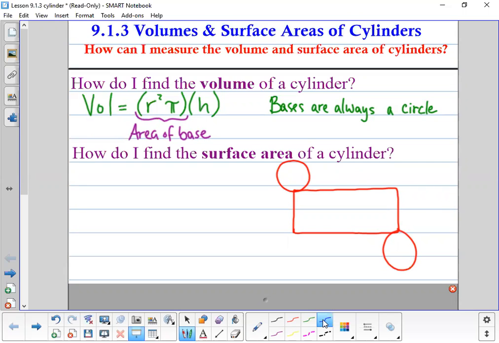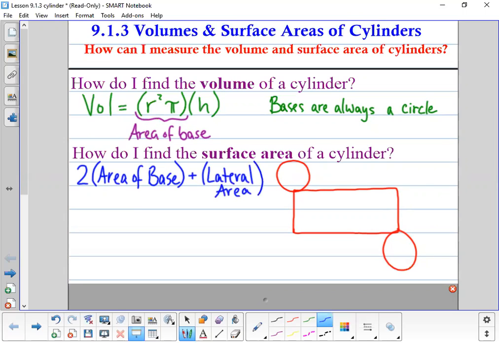So we're going to have two bases, so 2 times the area of the base. And again, our bases are always going to be circles. So we're going to find 2 times the area of that circle. And then we're going to add the lateral area.